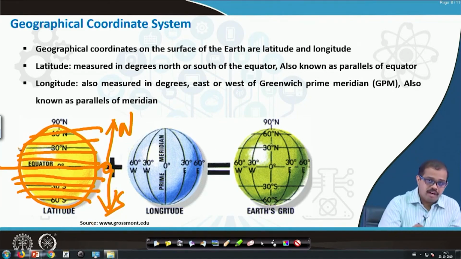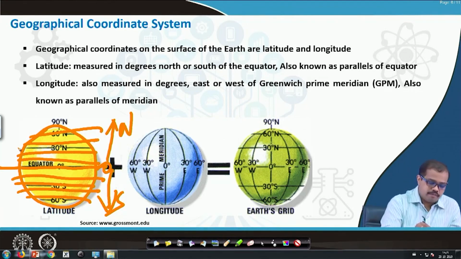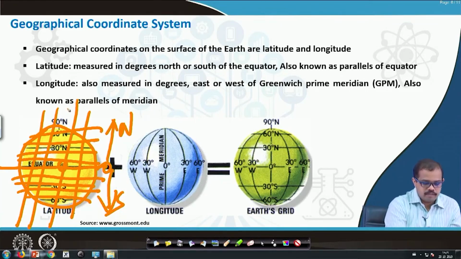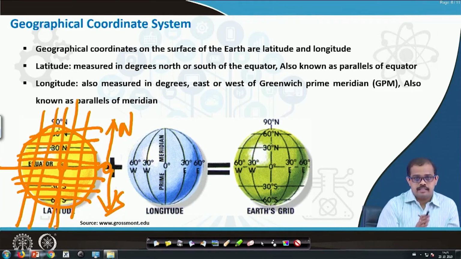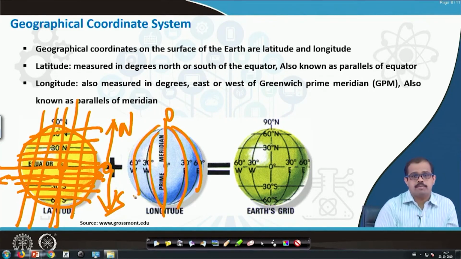So when you draw latitudes, all are north and south latitudes, and if you start drawing like this, these are longitudes. Okay, if this is 0, this is the line that is easting and westing. From here you have easting, and from here you have westing. This is the prime meridian which is 0, you have 30 degrees, 60 degrees east, whereas you have 30 degrees west and 60 degrees west.